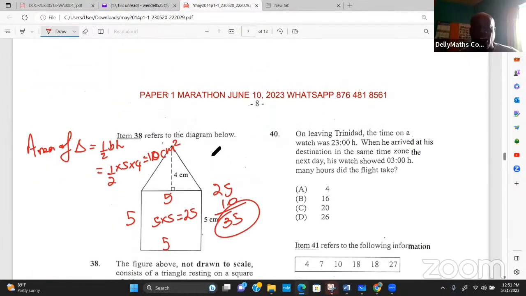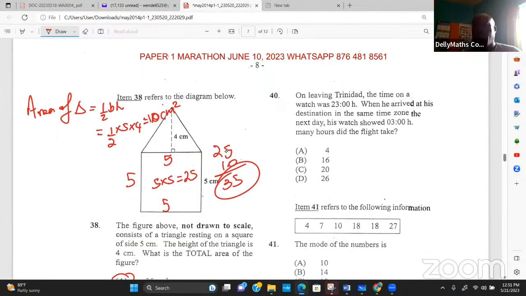All right, you're jumping to number 40. On leaving Trinidad, the time was 23 hours. When he arrived at his destination in the same time zone the next day, his watch said 3. How many hours did the flight take?